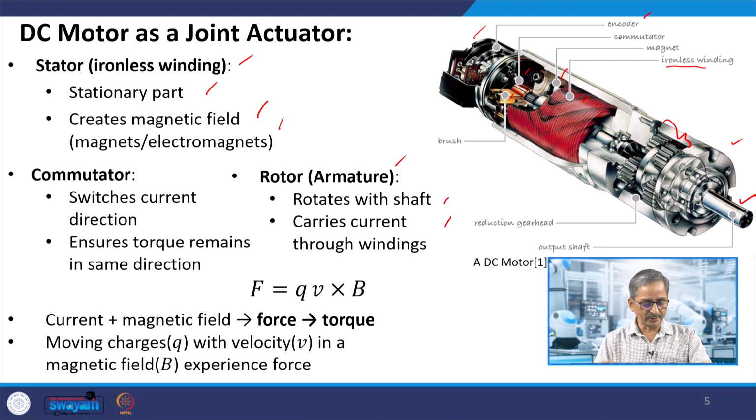Here the force generated is given by charge times velocity, in a product with the magnetic field. So, basically through current and the magnetic field, we get the force and we get the torque. And you know that moving charges with velocity in an electric field experience force.